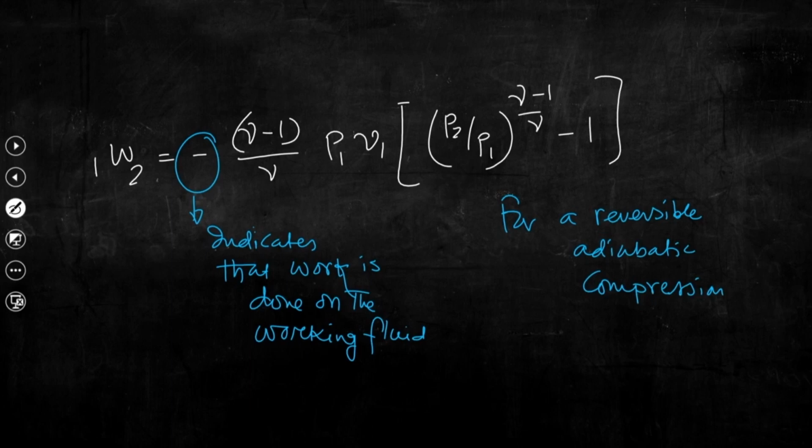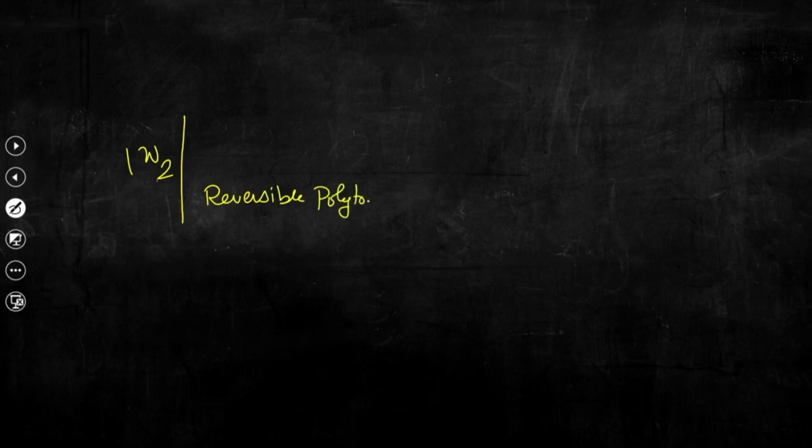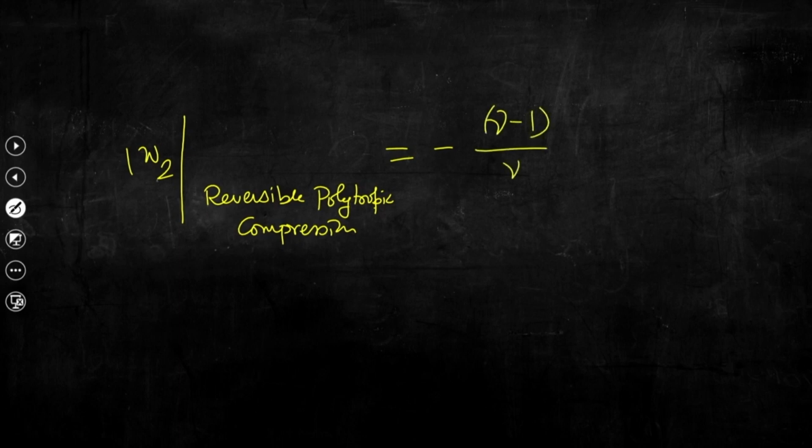Similarly, we can quickly write W12 for reversible polytropic compression, which should be equal to minus gamma minus 1 upon gamma P1 V1. So, this should not be gamma minus 1, right. It should be n minus 1 upon n, right.